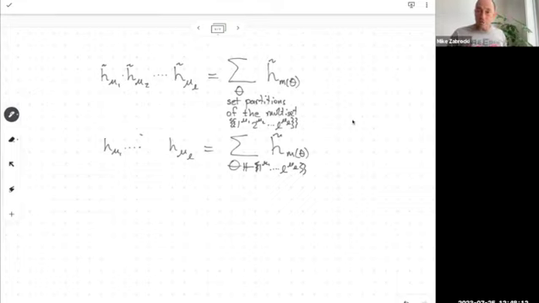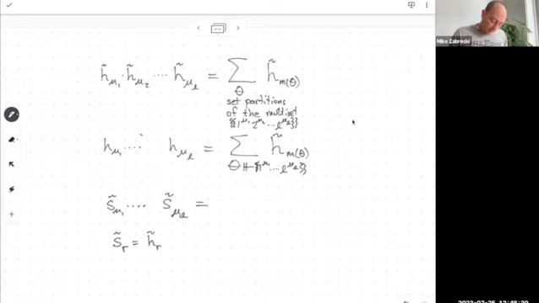There's one other expression I want to consider, which is S mu1 tilde through S mu L tilde. But for this, you need to know that S R tilde is equal to H R tilde minus H R minus 1 tilde.